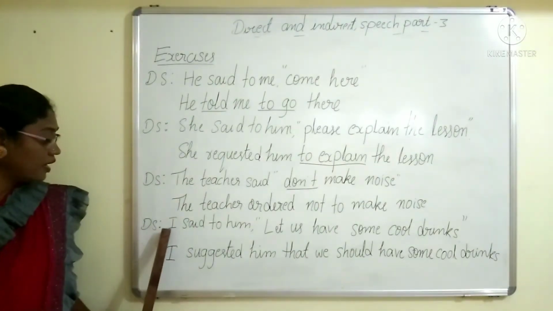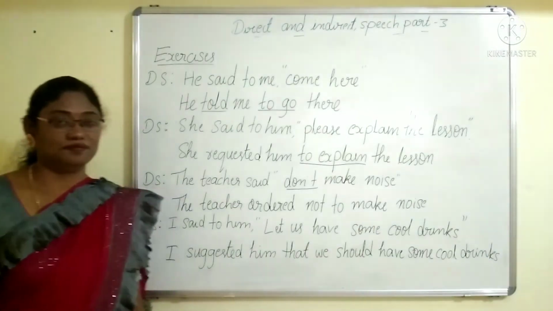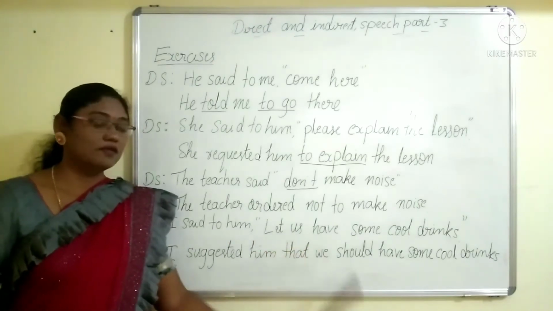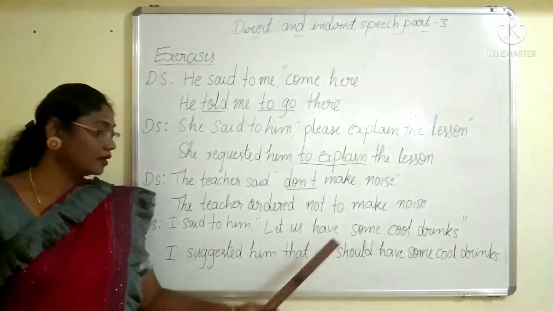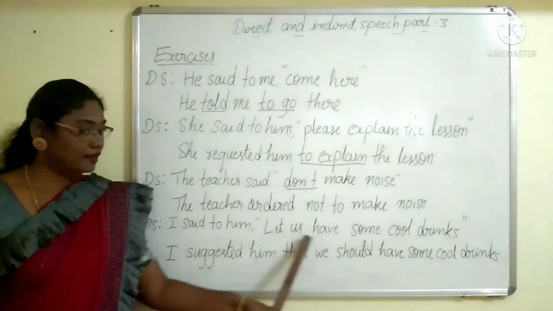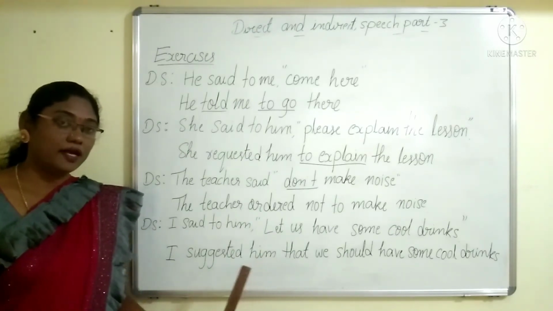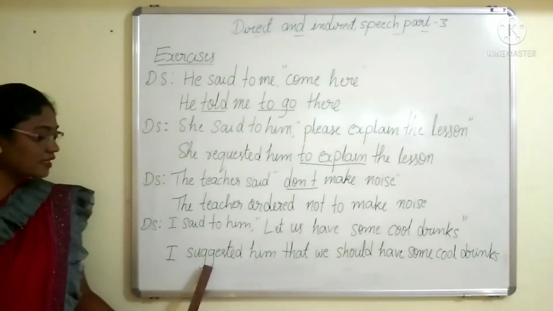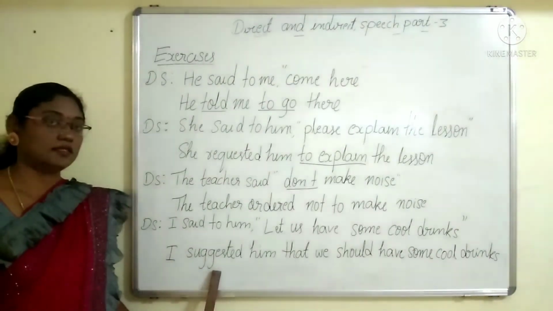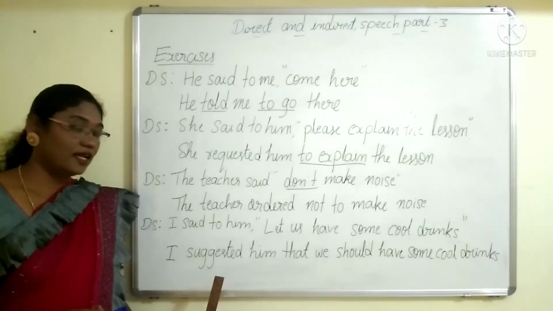Next, I said to him, let's have some cool drinks. Okay. I said to him, let's have some cool drinks. So here the word let is there in this imperative sentence, right? Then how to change it into indirect speech? I suggested him. See, said became suggested, as per the fourth rule. What does it tell?